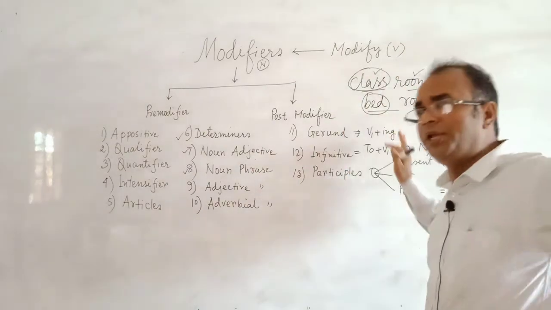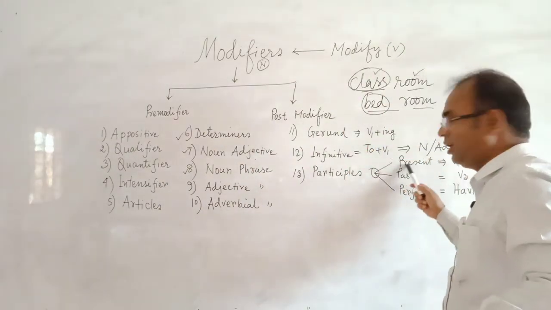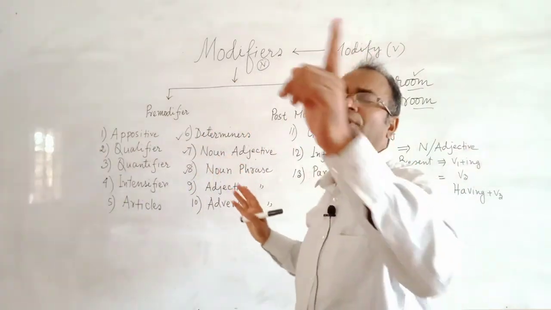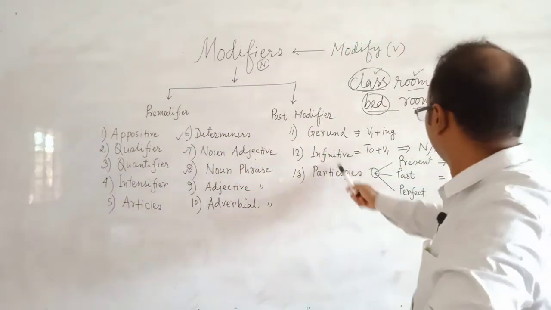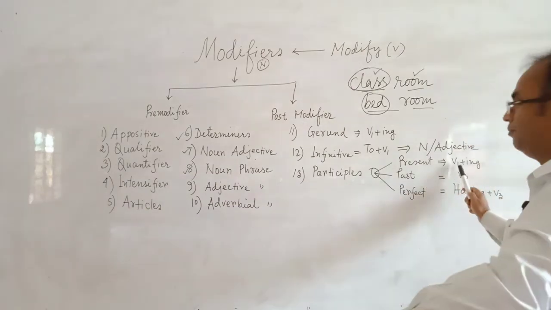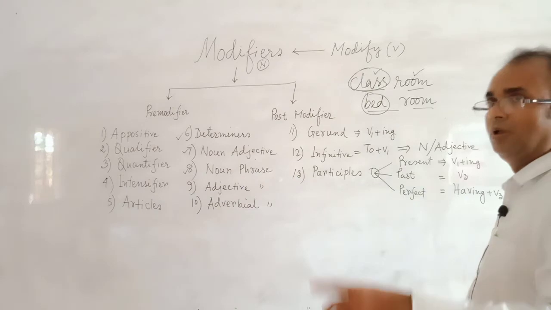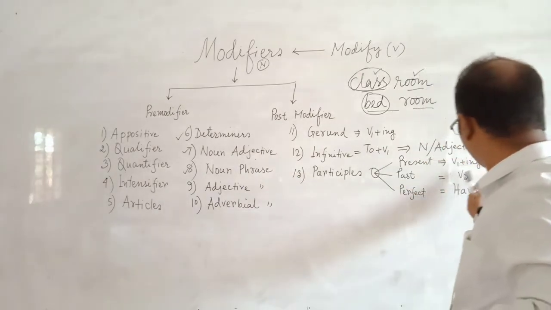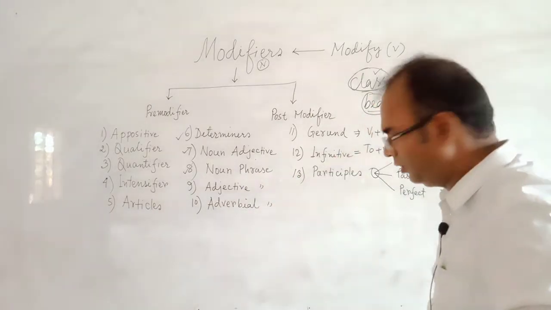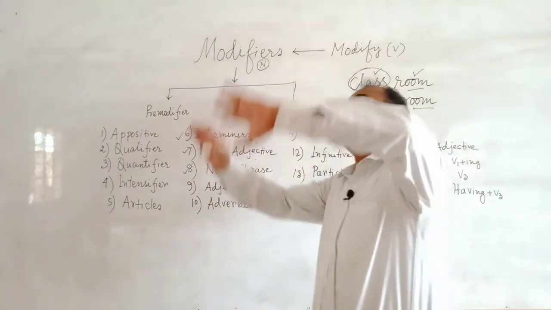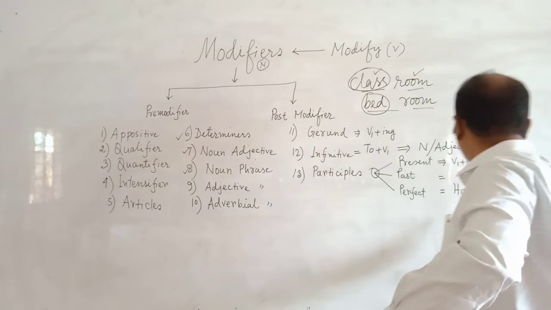Every participle is an adjective. And there are three types of participle: present participle, past participle and perfect participle. Present participle is the base form of verb plus ing. Past participle is the form of verb V3. Perfect participle is having plus past participle form of verb, or V3.